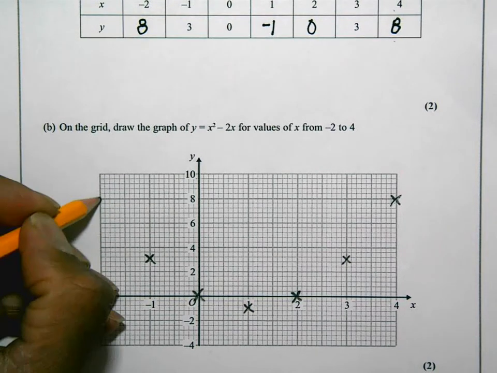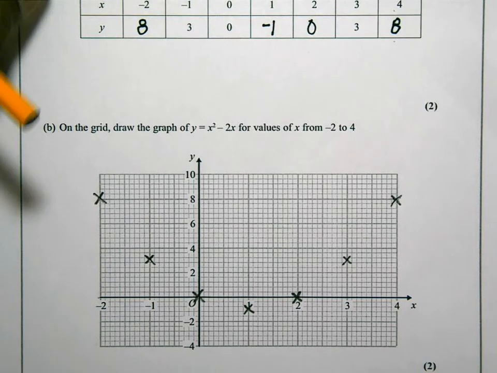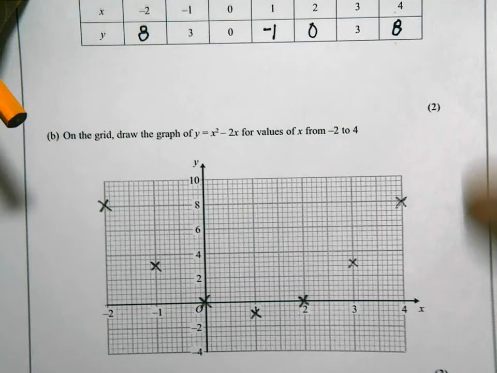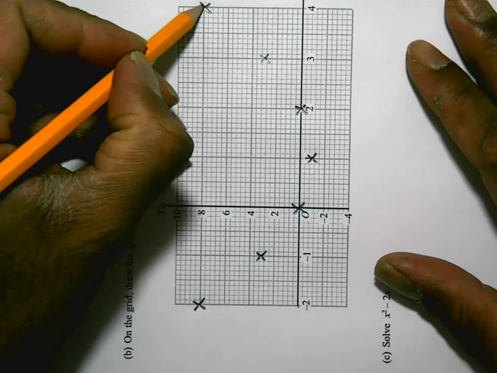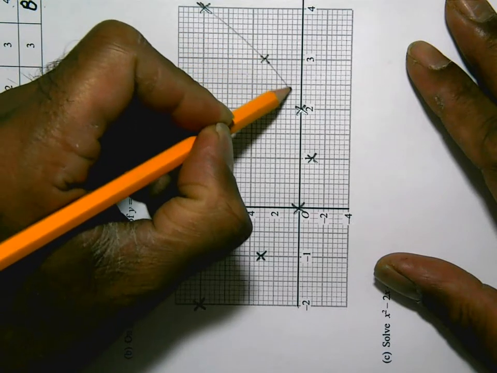Now there are 2 marks for this question. You need to make sure you plot all the points, and then you need to join them with a curve. As you can see, there's a certain amount of symmetry with regard to the points that I've just drawn, and you need to take your time and draw a smooth curve, which is a single line through all of these points. And when drawing that curve, I often take my time drawing it in 2 halves.